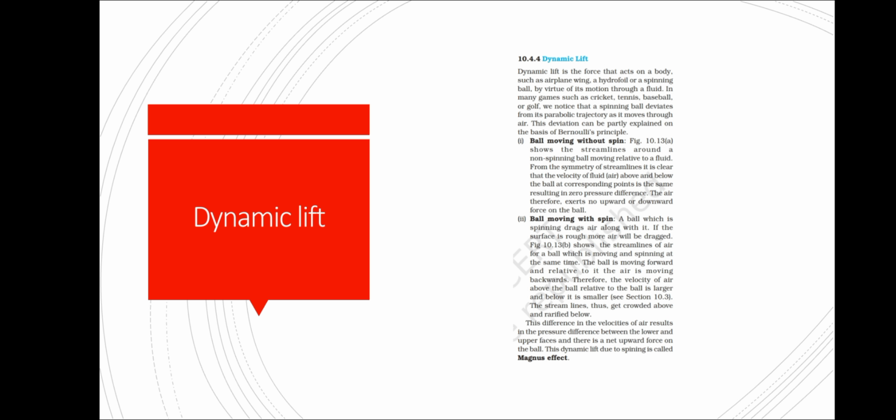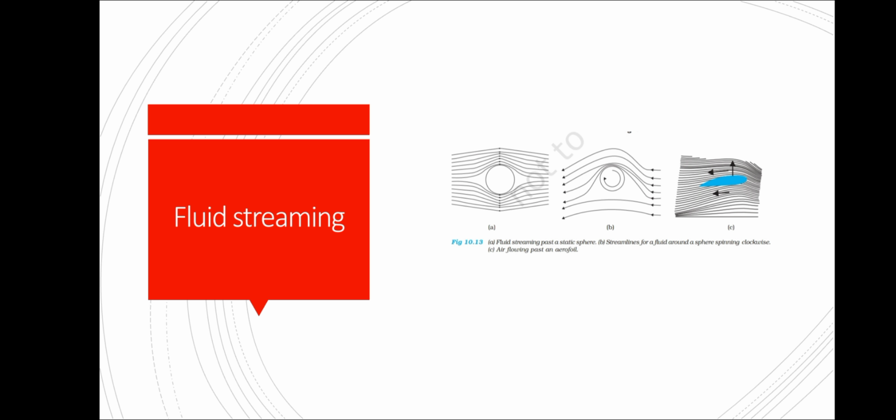So a moving ball with spin can be explained with the help of this dynamic lift, which we can discuss in the next video. So this is all about the Venturimeter. We can see this type of phenomenon when we discuss dynamic lift, right?